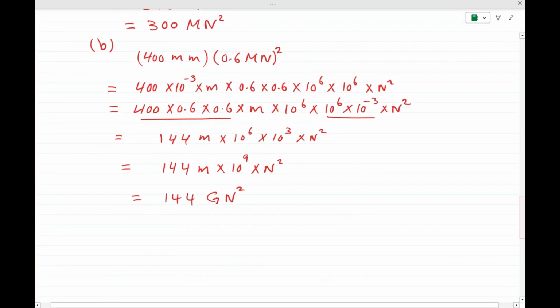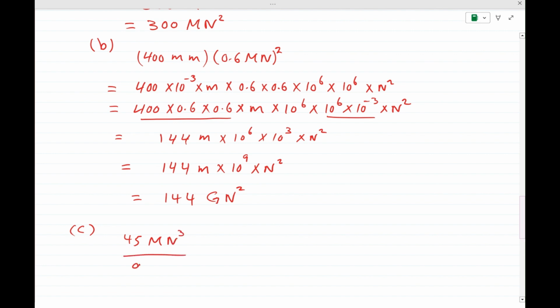Part C. Part C is asking us to evaluate 45 mega newton cubed divided by 900 gigagram.